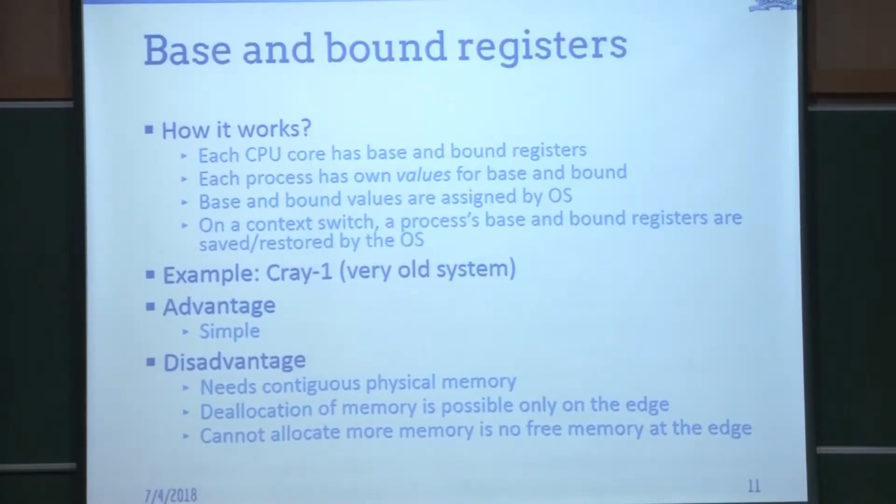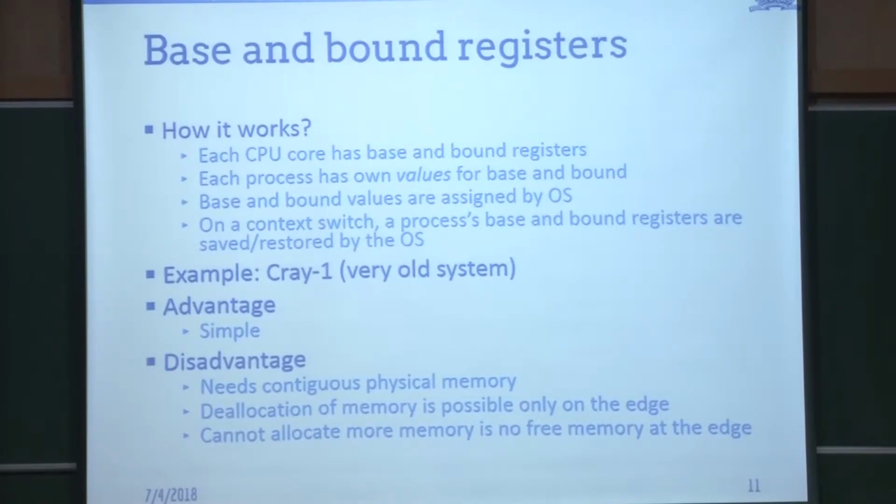We'll talk about that. And then deallocation would be possible on the boundary only. You can't just delete something in the middle of the allocated portion. While we write programs, from time to time we delete memory that is not required. So there are multiple disadvantages of base and bound.